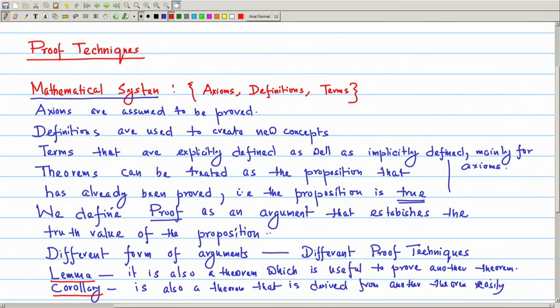So, with these basic definitions of a mathematical system, in a mathematical system we define the different terms, and then using those terms or definitions we state some theorems or some statements.